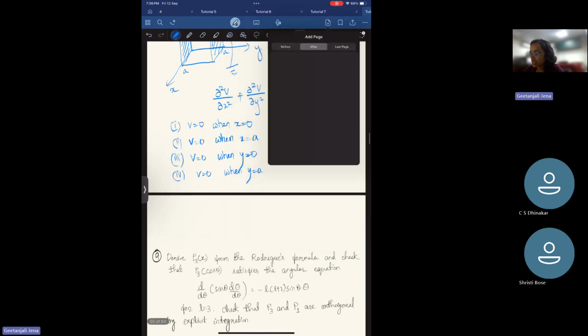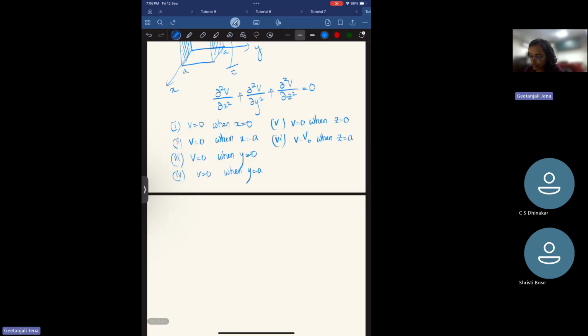So the trick is to use separation of variables. You can write V of x, y, z as X of x, Y of y, Z of z.